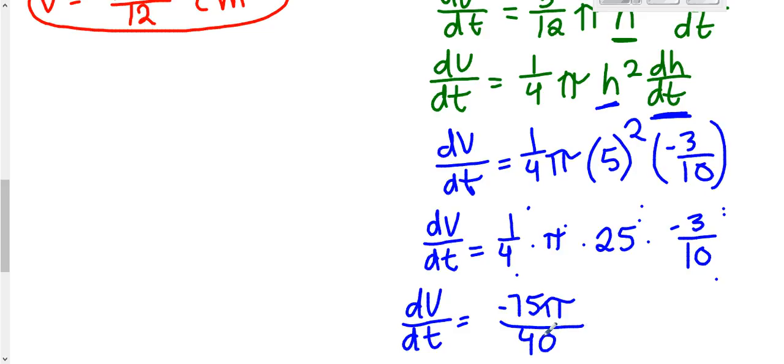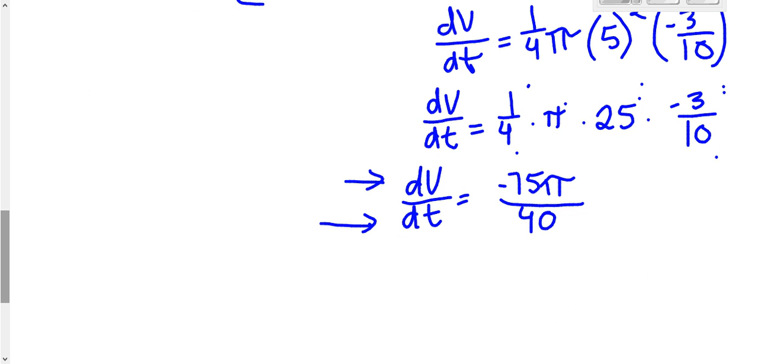You can reduce this if you want. 5 goes into both of these, but it's not necessary. We do need units, though. Remember, we're looking at volume over time. So our volume, we already figured out what those units are when we did our volume. Volume is centimeters cubed. And we need time.